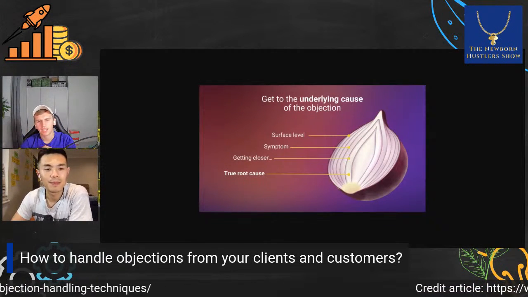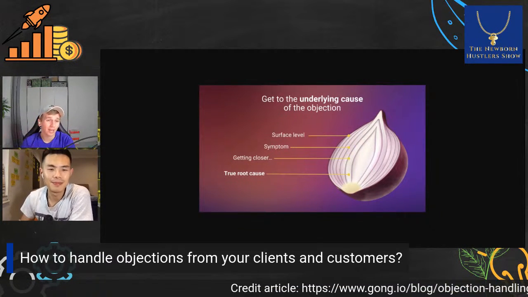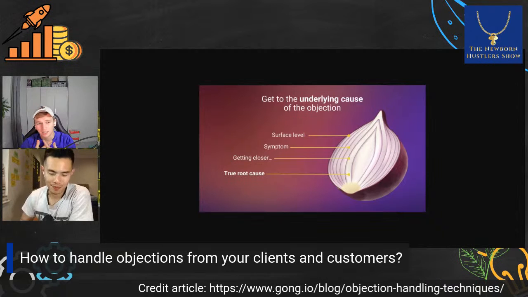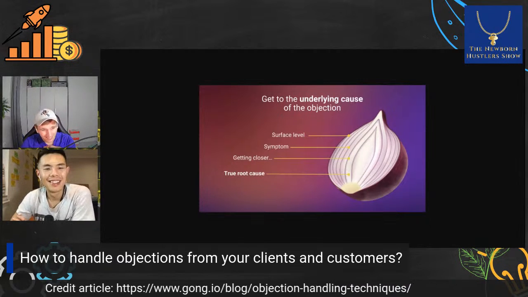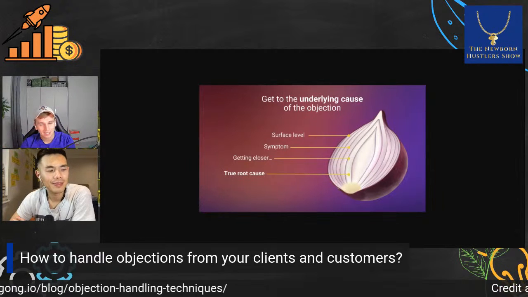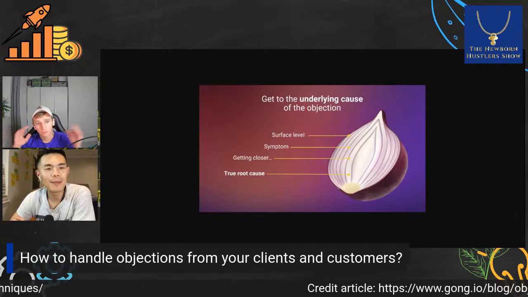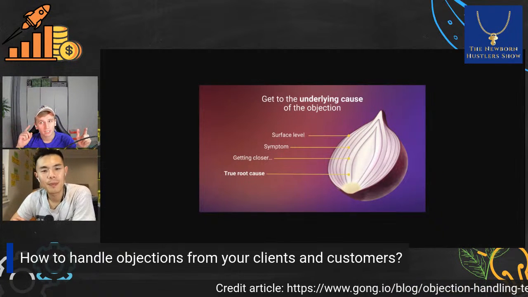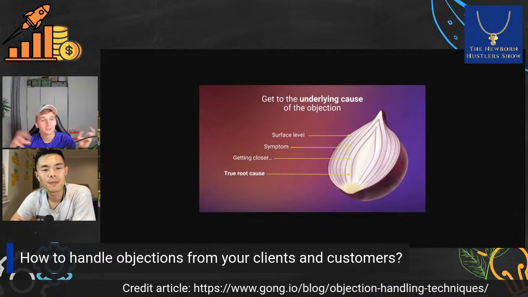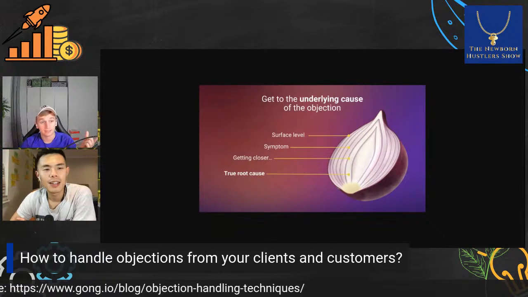And then they will say, okay, actually I do have time, actually I do have a budget, actually I think we should go ahead. So those questions are not for them to ask you, but more for themselves. You need to direct them to the point where they convince themselves that their objection is invalid.